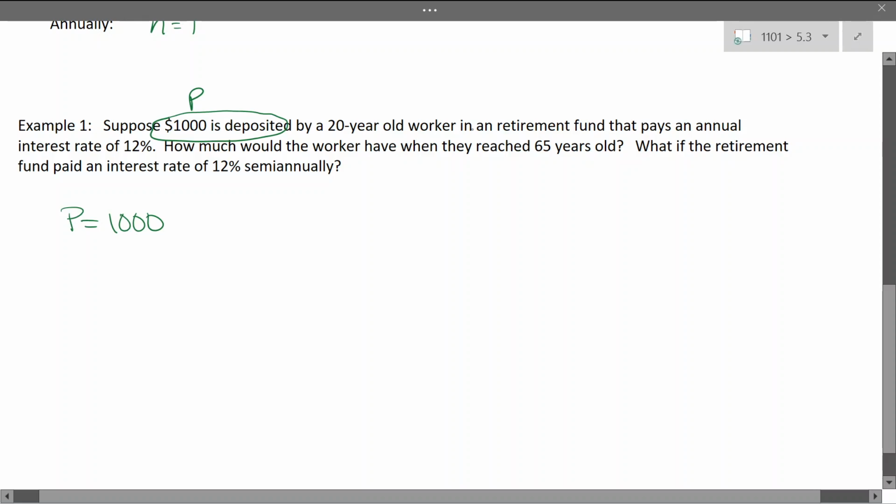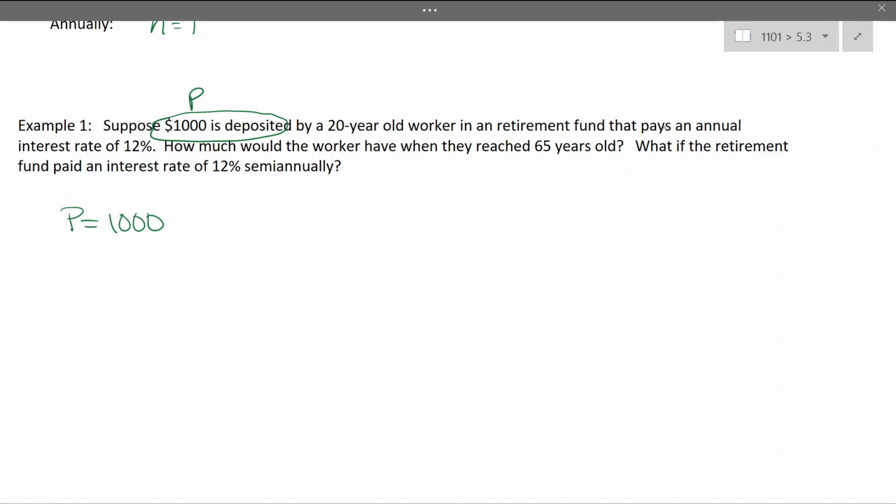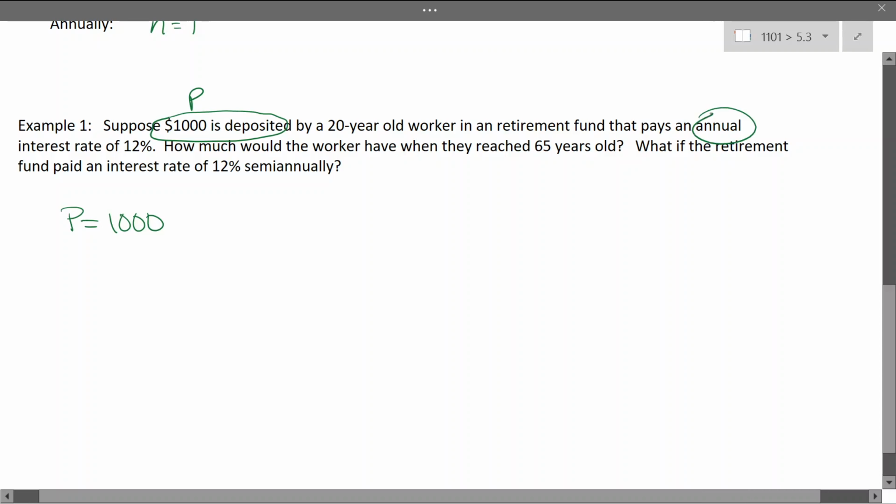The next word I pick up in this problem is annual. That means it happens one time per year, so N is equal to 1. Next, I see that my interest rate is 12%, so my R is going to be 0.12.